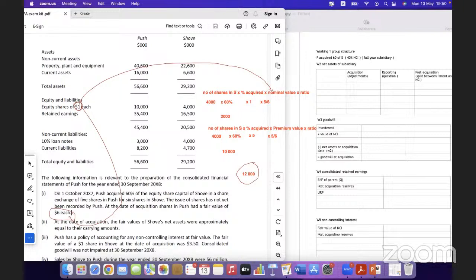But normally, if you check your textbook or study text, they would have broken the share exchange into 2 parts, nominal value and premium value, where again 2,000 and 10,000 will give you 12,000. So before the break, I directly went with 6. But now after the break, I'm teaching you the proper thing where you have to divide as nominal value and premium value separately, 1 separately, 6 separately.